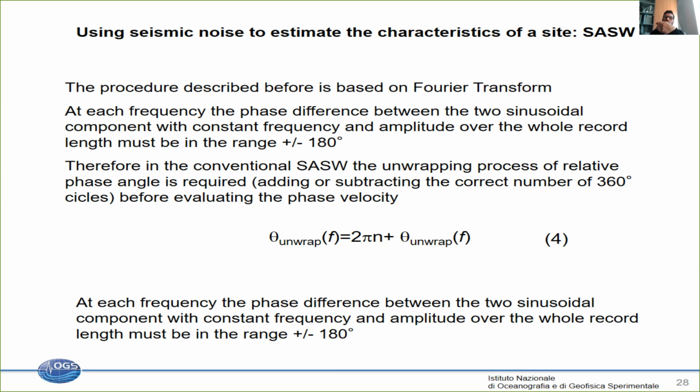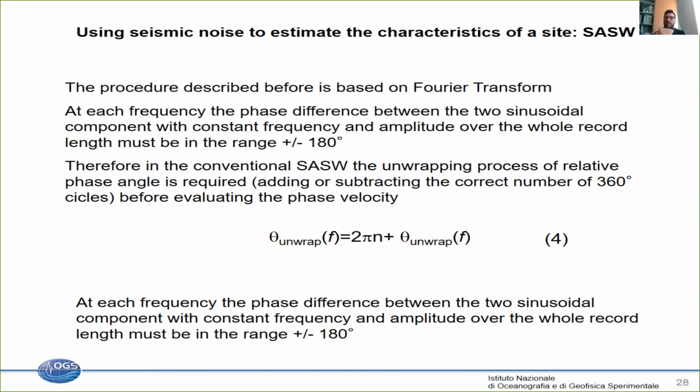So just imagine having a small signal wavelength, and before reaching the next sensor it makes one cycle plus another small part of a cycle. When you calculate the phase difference with this method, you will get only information about the small part.